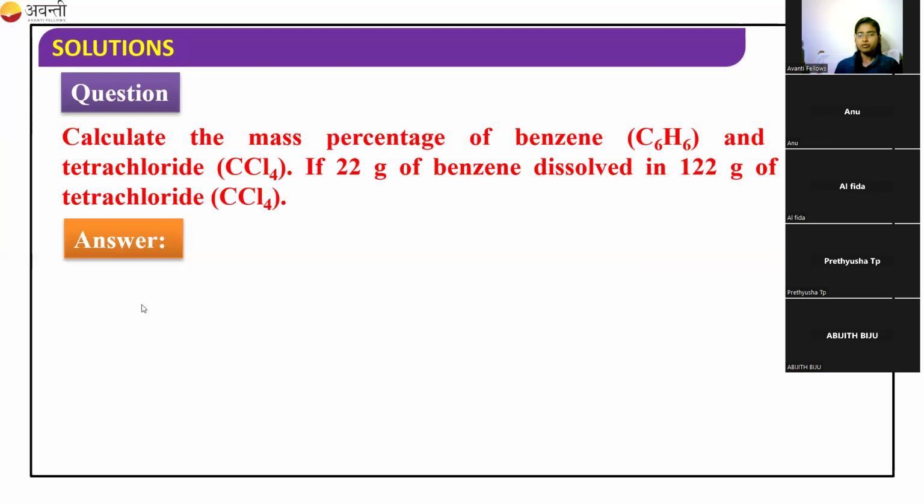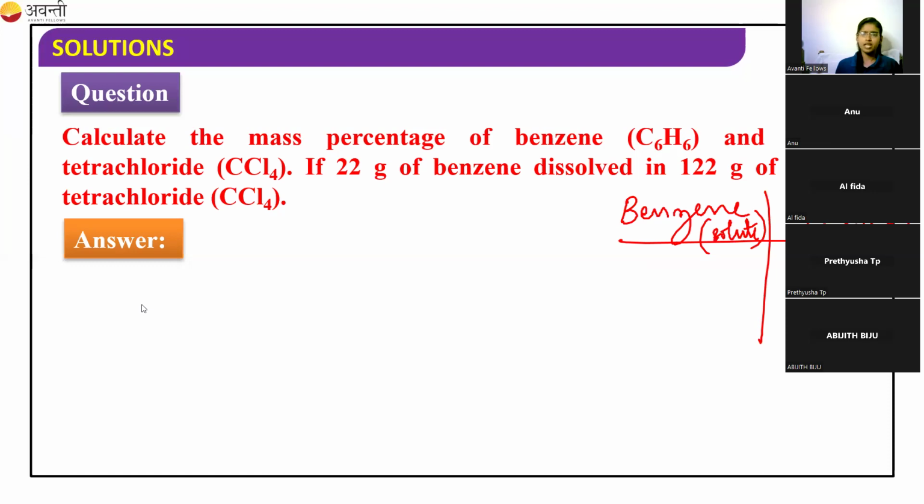So here we have to find out which is a solvent and which is a solute. Benzene is a solute here and carbon tetrachloride is a solvent here. CCl4 is a liquid.